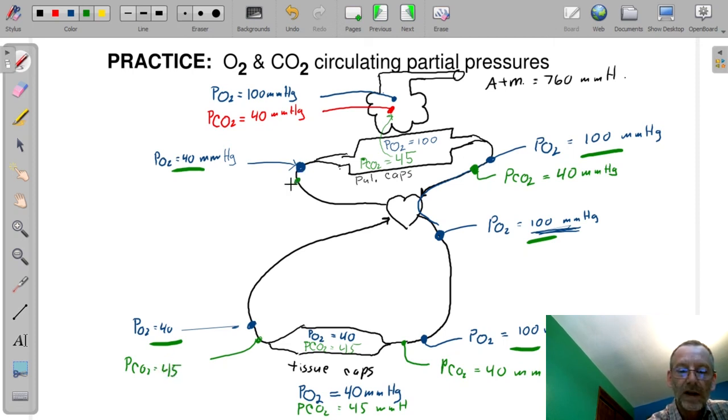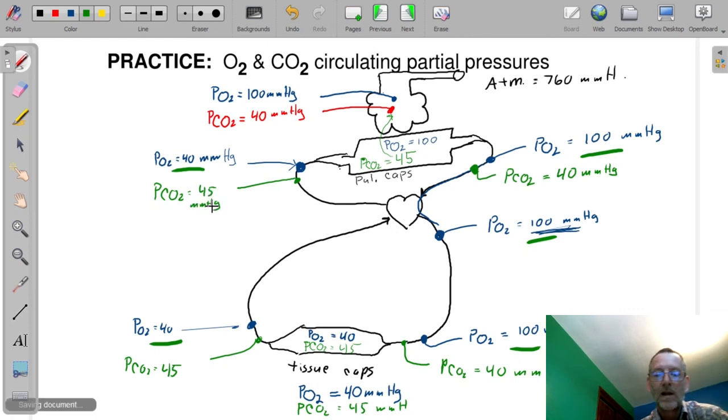And stays that way all the way back to the lungs. Where it then diffuses out of the lungs, where it's at 40. So the CO2 goes from a low of 40, picks up CO2 at the tissues, and returns to the lungs with 45. So it just circles between 40 and 45.